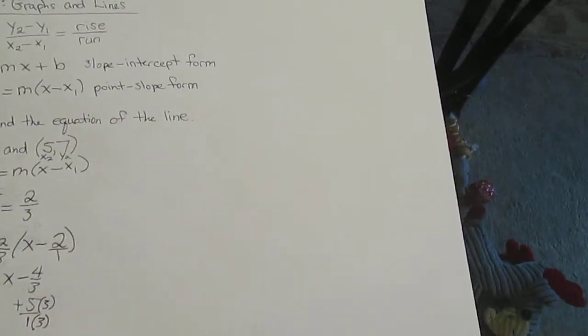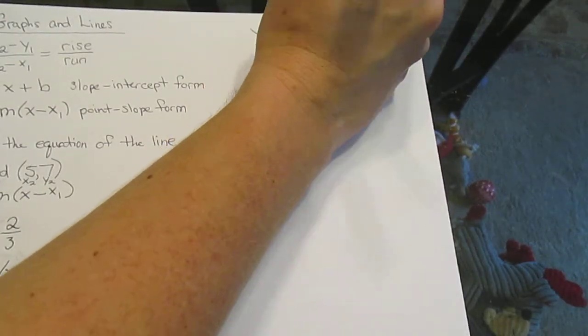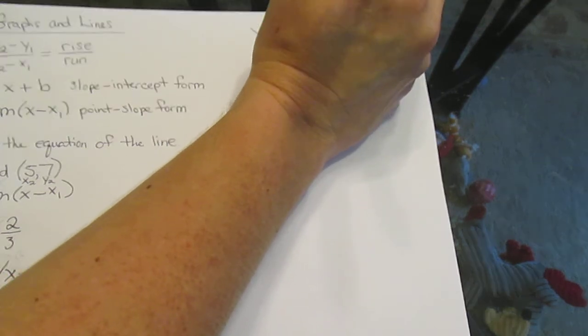Okay, so let me write what we got over here. So we got y equals 2/3 x plus 11/3.